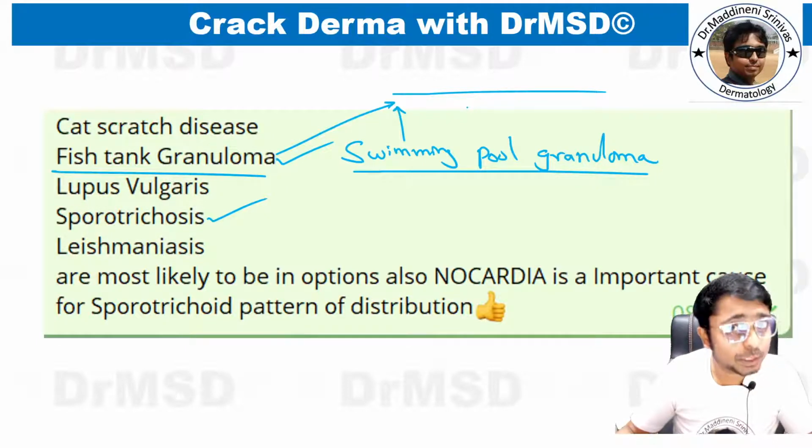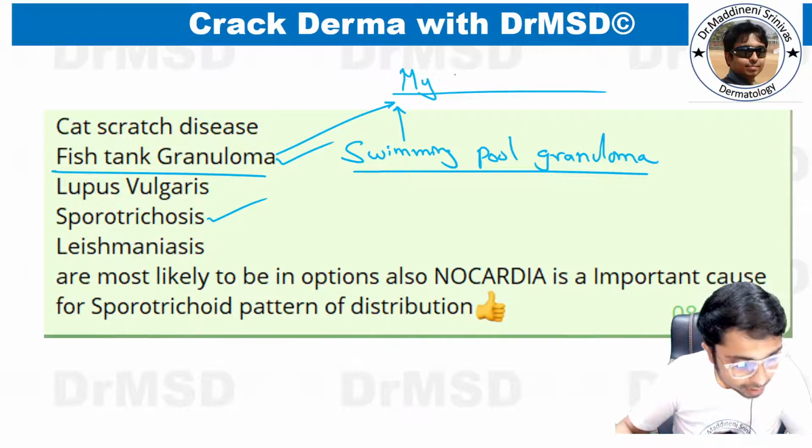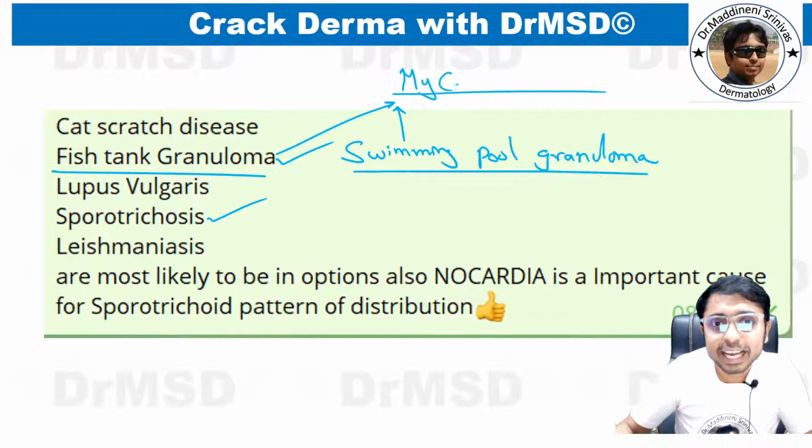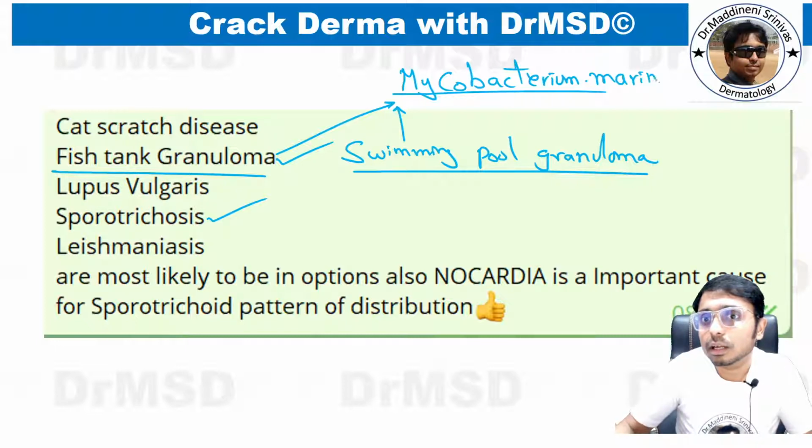Yes, Mycobacterium is okay, but what is the species name? I want that also. Okay, I can see that there is difficulty in typing the answer. Very good. I think you are trying to say Mycobacterium marinum. Yes, very good. You are absolutely correct.